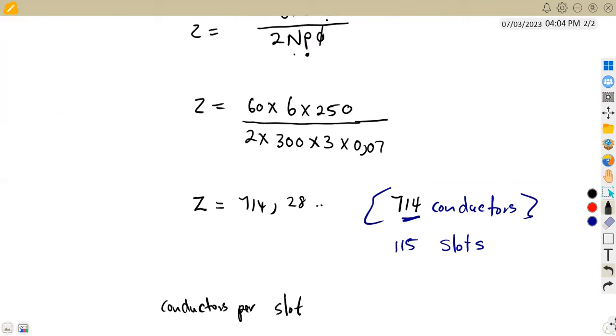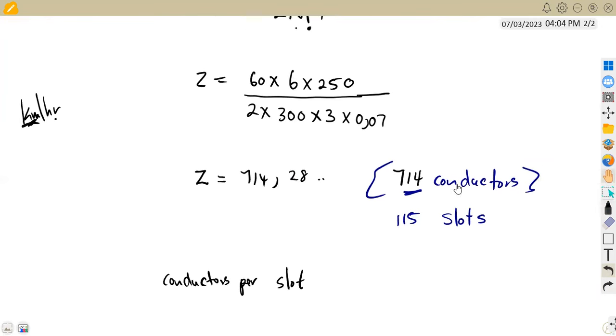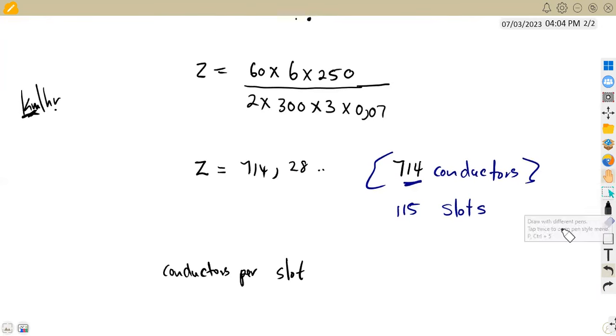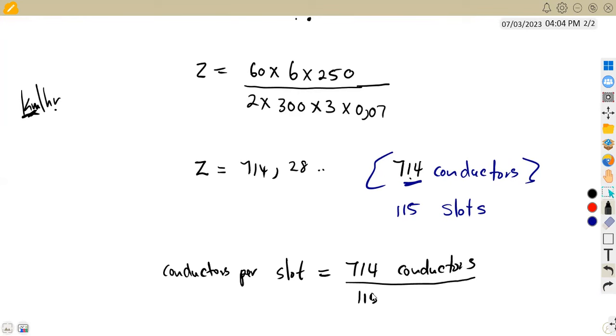Per simply means over. Like if we say kilometers per hour, we are saying how many kilometers are traveled in an hour. Here we are talking about conductors per slot. So we have 714 conductors over 115 slots. If we divide, this gives us the conductors per slot.